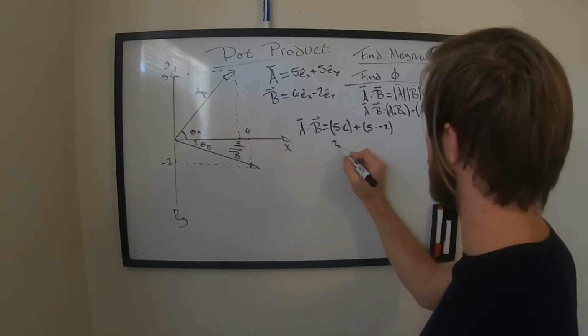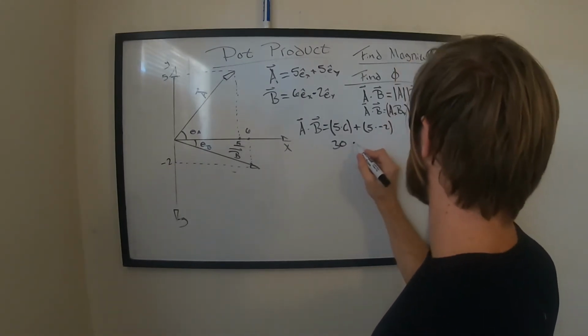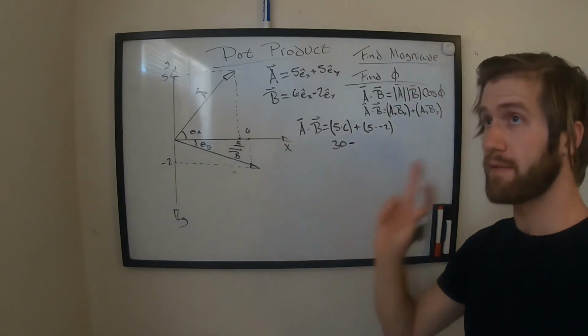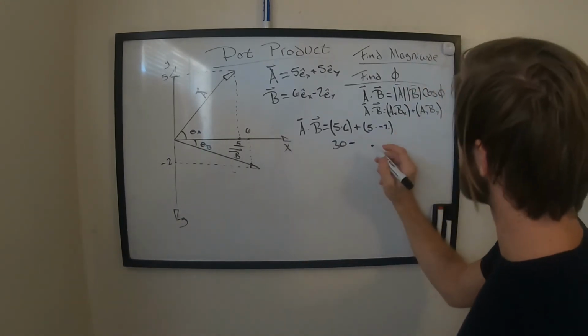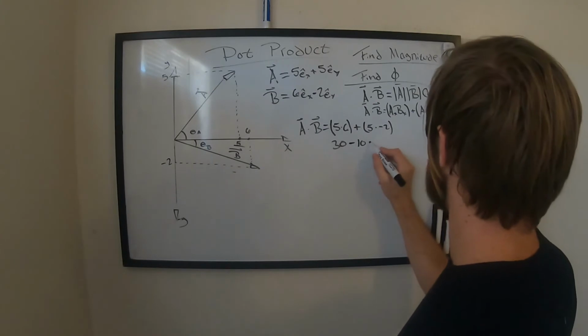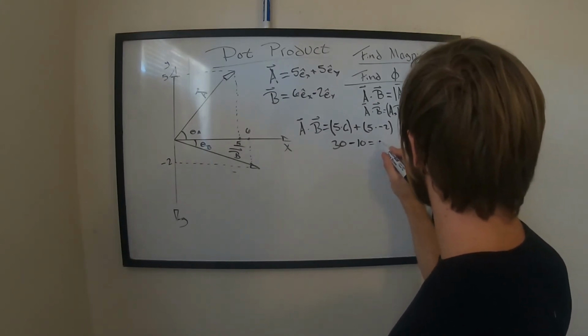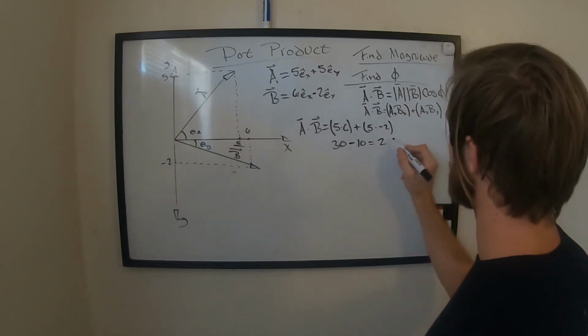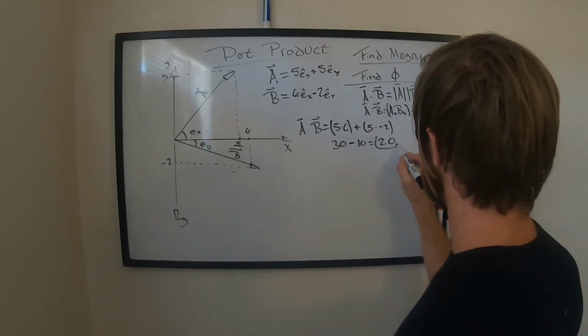So right here, we're going to have a value of 30, and then we're subtracting that from 10, because 5 times -2 is 10. So our total value here for our dot product is 20.